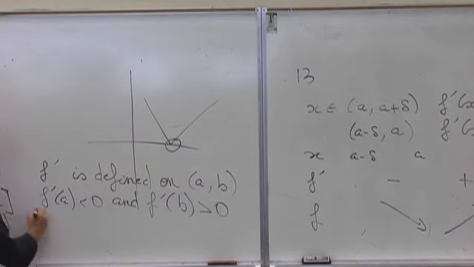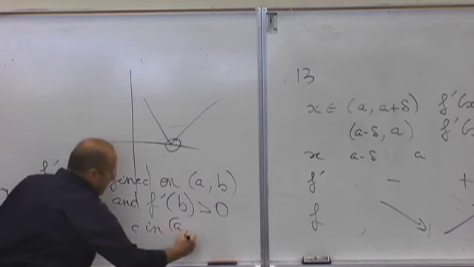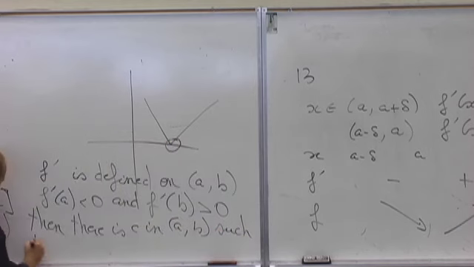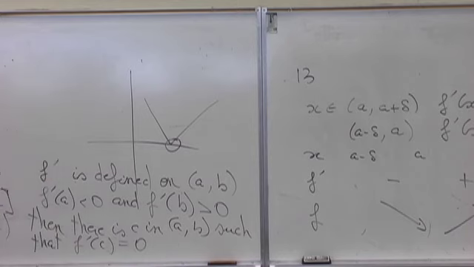Then there is a C in AB such that f prime of C is 0. So I'm writing down the intermediate value conclusion.